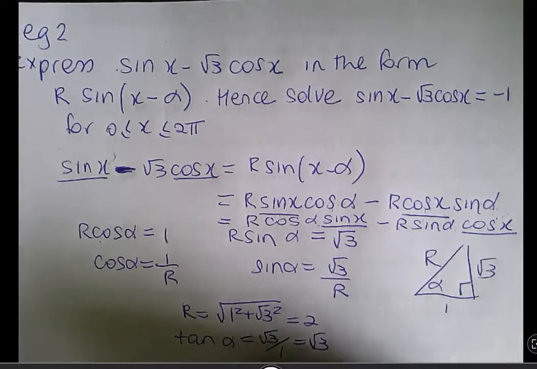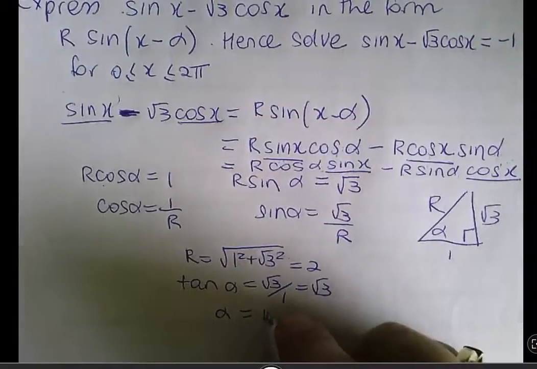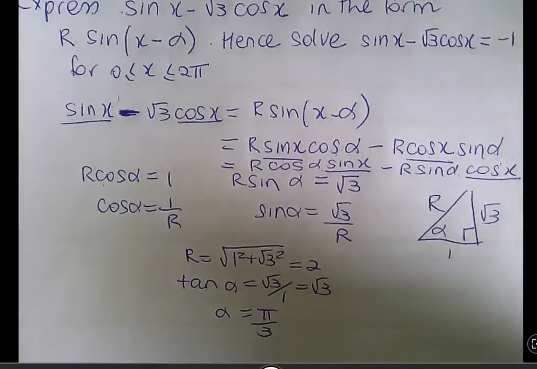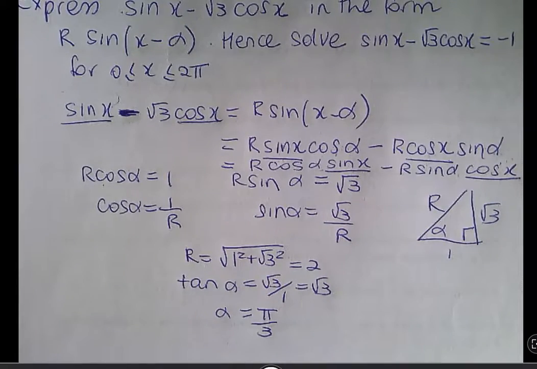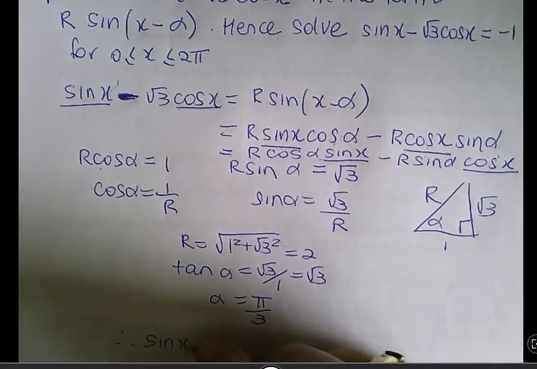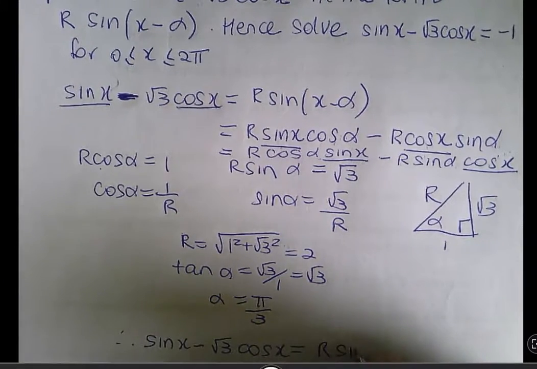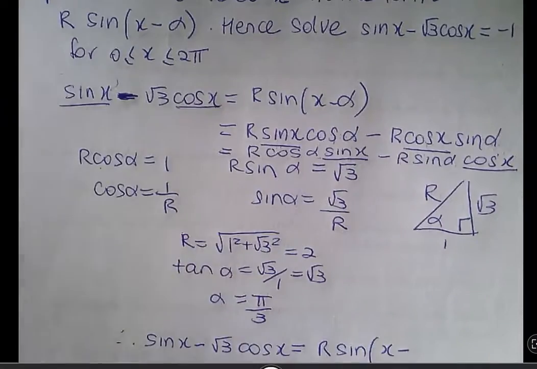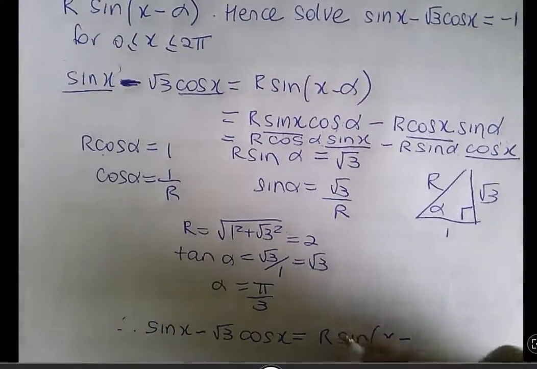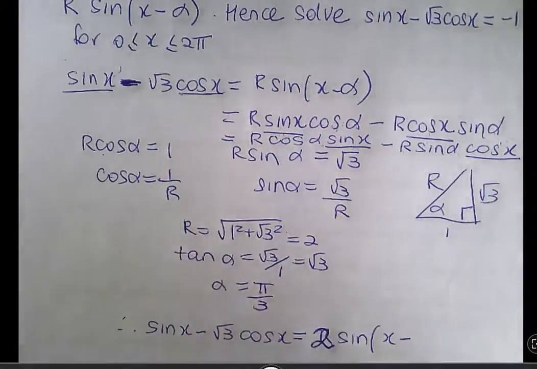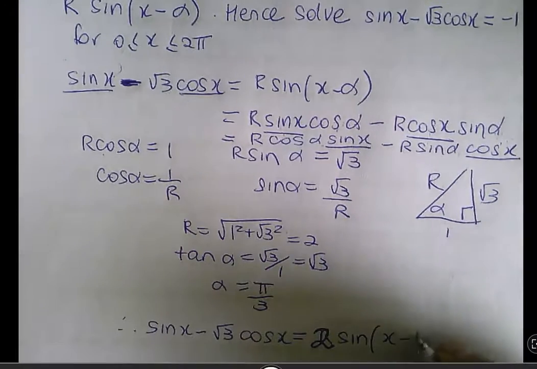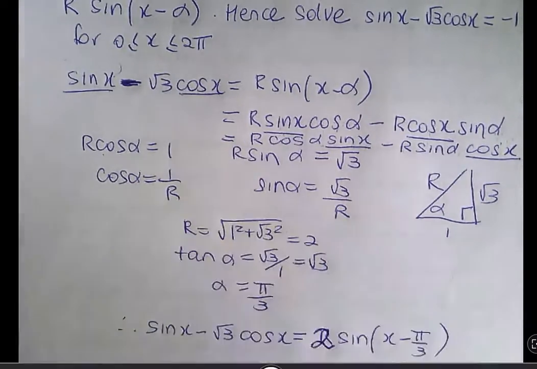In other words, alpha is pi on 3. Is that right? 60. Mm-hmm. Sine x minus root 3 cos x equals r sine x minus alpha, so what's the r again? 2 sine x minus pi on 3, which is 60.